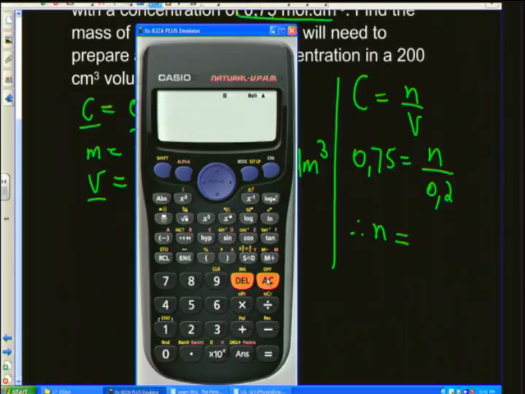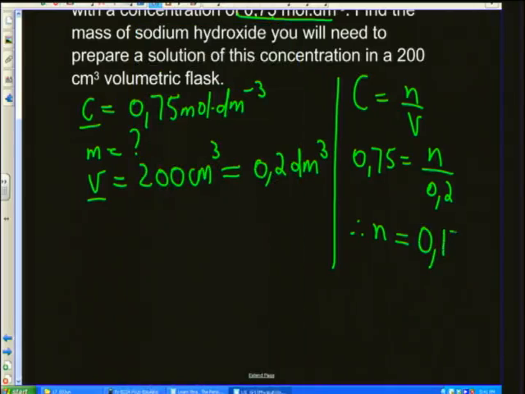Let's work it out: the answer is 0.15 moles of sodium hydroxide that we are to use.